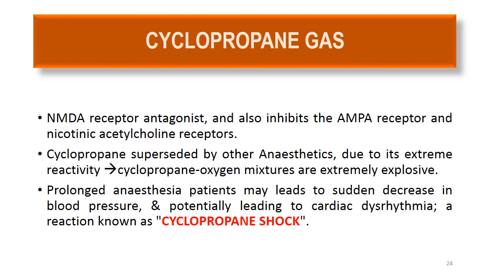Cyclopropane was superseded by other anesthetic agents due to its extreme reactivity. Cyclopropane oxygen mixtures are extremely explosive. Prolonged anesthesia may lead to a sudden decrease in blood pressure and potentially cardiac dysrhythmia. This reaction is known as cyclopropane shock.